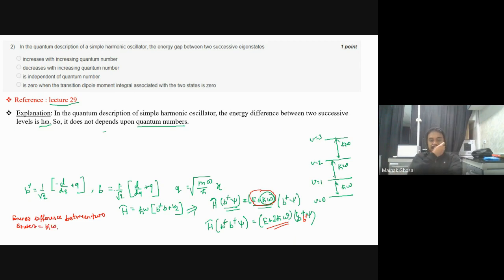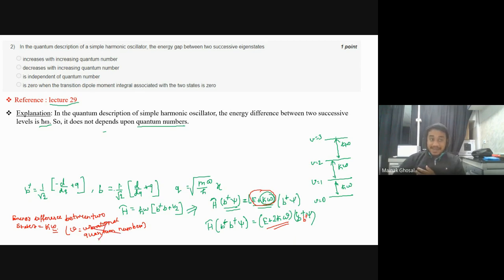You can see this energy difference is constant, and it depends only upon the frequency omega. There is no term containing v, the vibrational quantum number. Is there such a term? No, no terms are there. When you subtract, the v term gets cancelled, and there is no vibrational quantum number term.